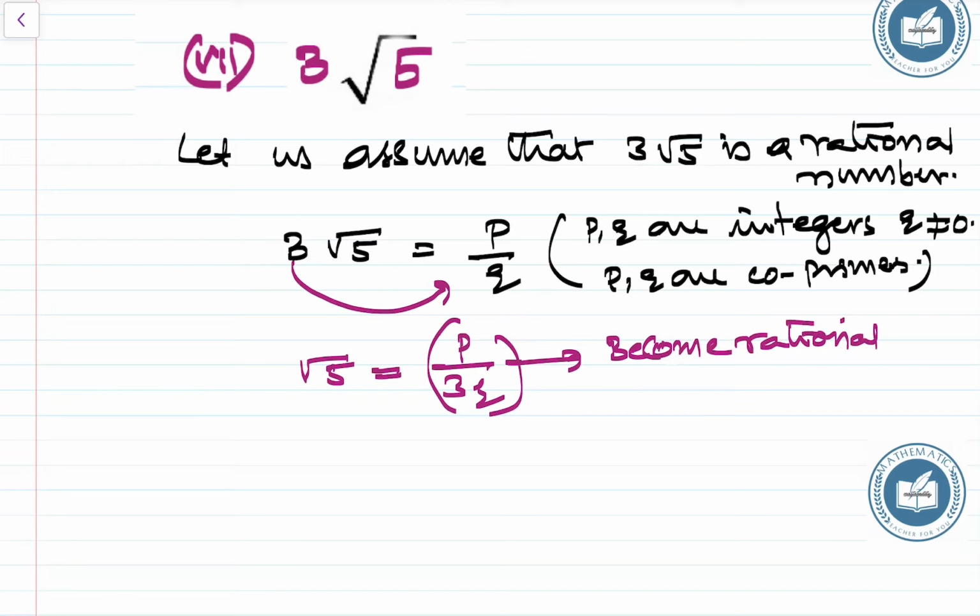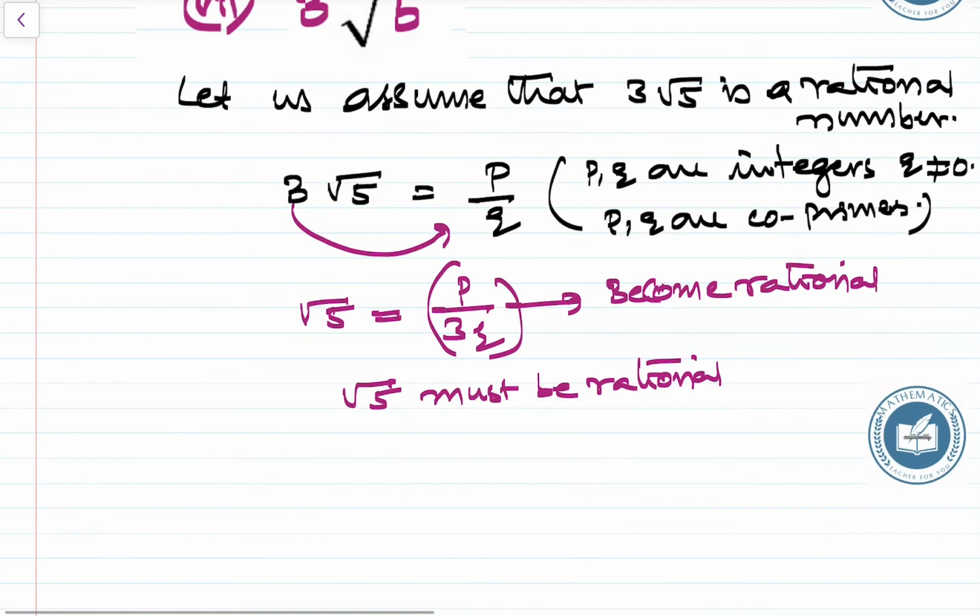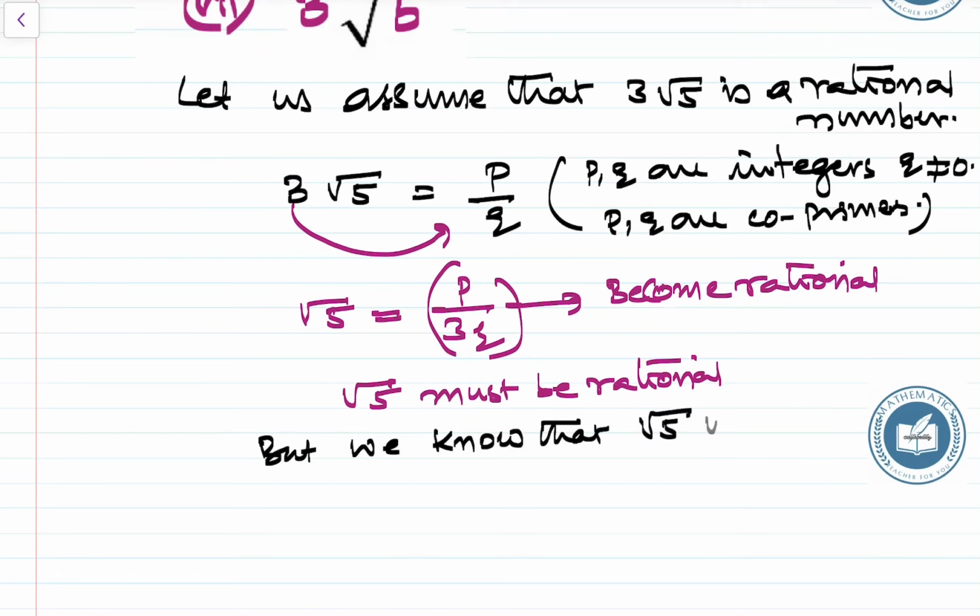So root 5 must be rational, but we know that root 5 is an irrational number.